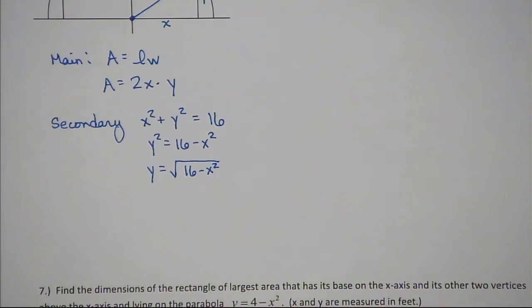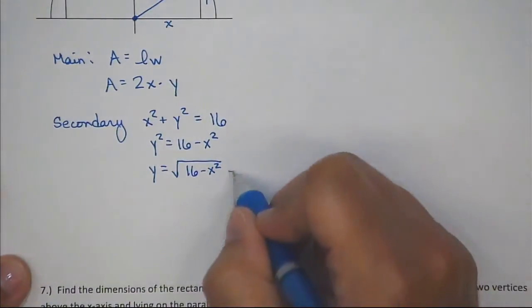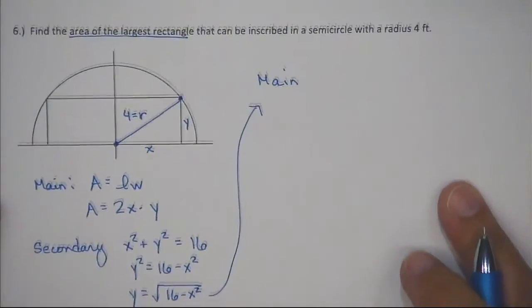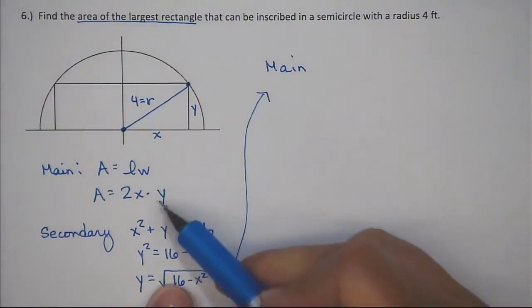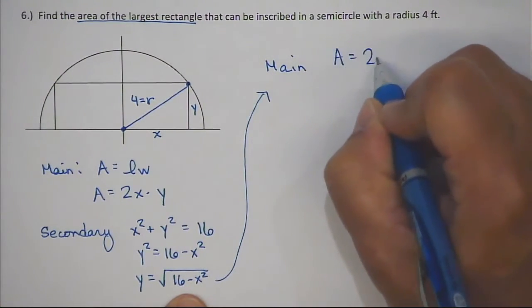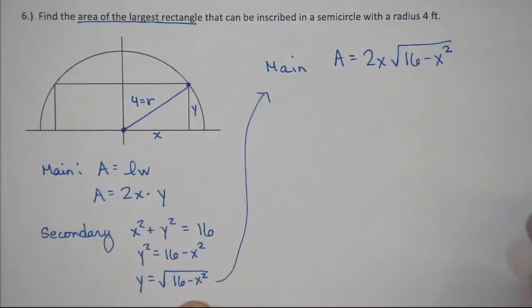Very common mistake. Okay, so now our main equation, I'm going to put it back up here so I have some room. So now, our main equation, I'm going to substitute this y for what I have. So the area is 2x times the square root of 16 minus x squared.